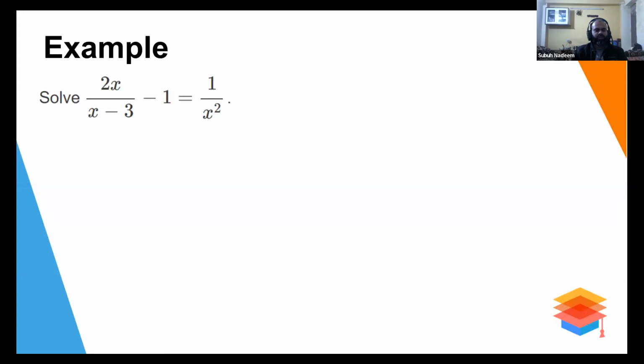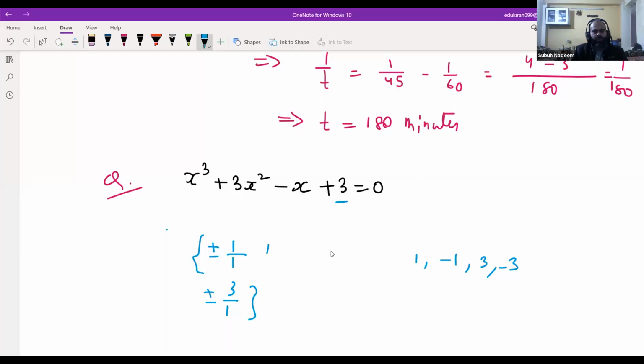Now x plus 3 into x square is x cube plus 3x square minus x plus 3, fine. So we have got it correct. But minus 1, I'm not getting. 1 plus 1 also, I'm not getting. So is this wrong?